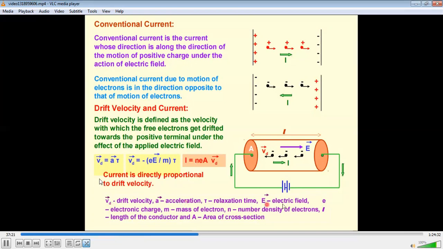Here vD is the drift velocity, a is the acceleration, T is the relaxation time, E is the electric field, e is the electronic charge, m is the mass of the electron, n is the number density of electrons, L is the length of the conductor, and A is the cross sectional area of the wire. This is the definition of drift velocity in an electric current. This is a very important definition for you.